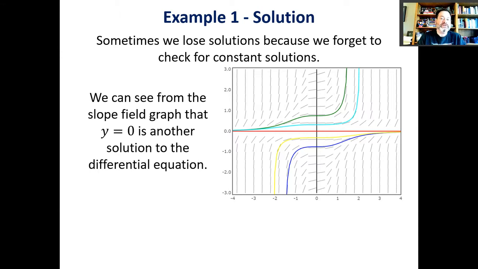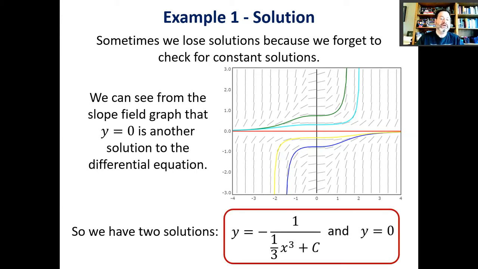And if there's a constant solution, you'll see it because it'll just be a horizontal line. So I went ahead and plugged in some values here just to see what it looks like, and I saw that y equals 0 popped out as a solution. So it turns out you have to include both as your answer. So this is very common.